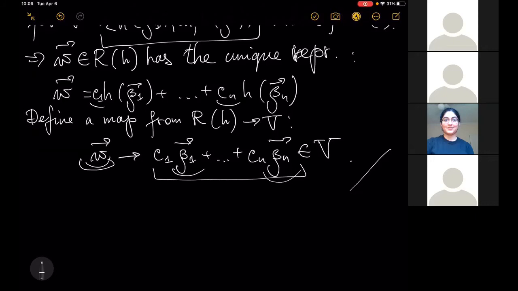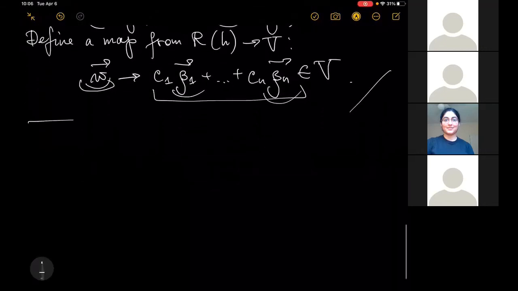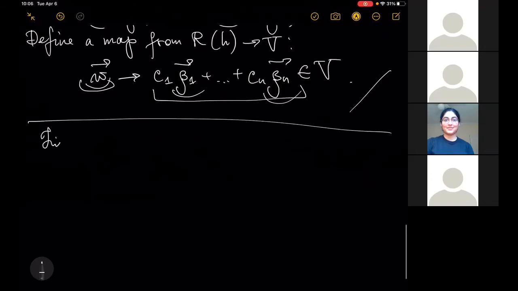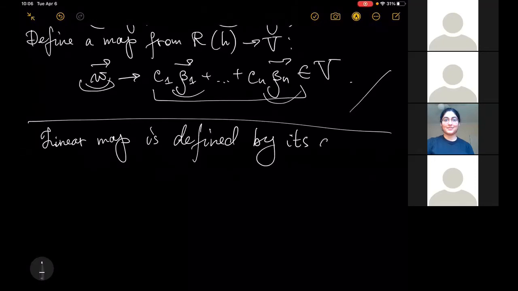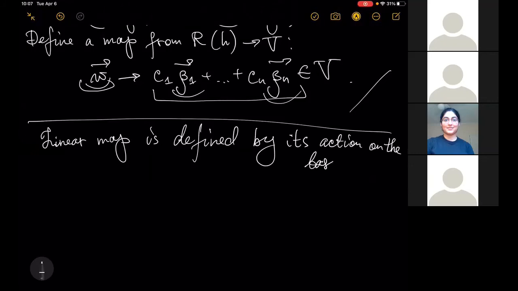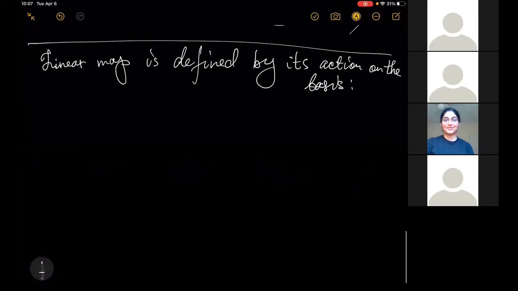How, using this specific theorem, can one compute a linear map? As we said before, a linear map is defined by its action on the basis. Have a look, this is why.